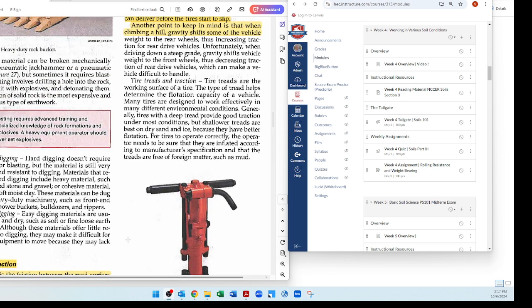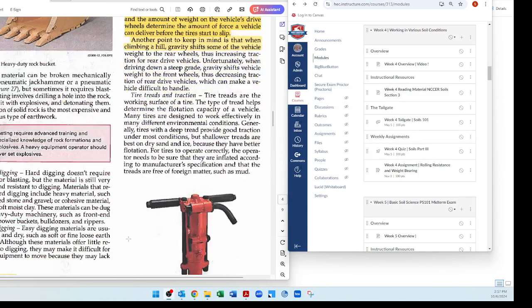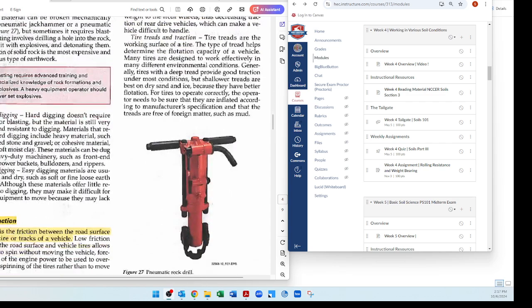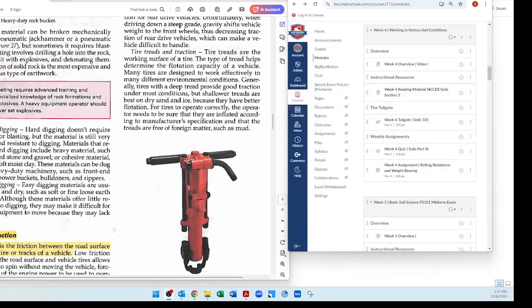That's not where the saying came from, I don't think, but perhaps it is. Where did traction go? Here we go. Allows the tires to spin, used to overcome the spin, and so we're spinning our wheel rather than to move.